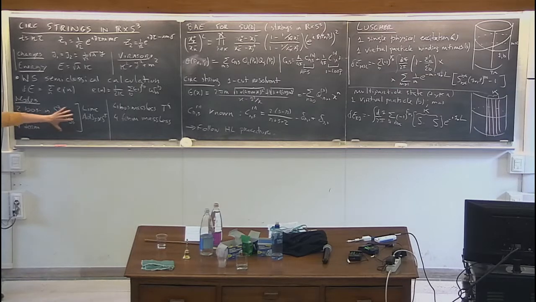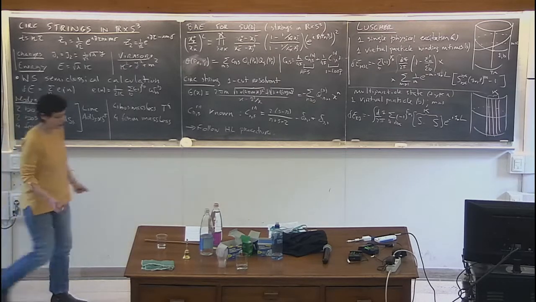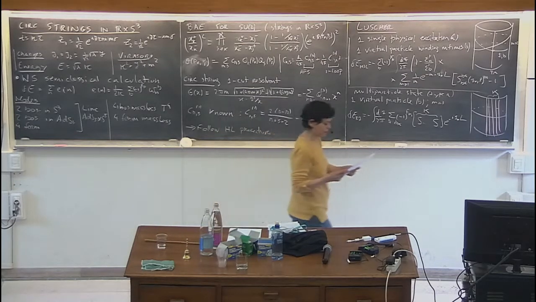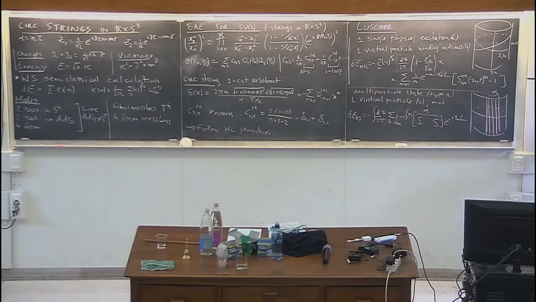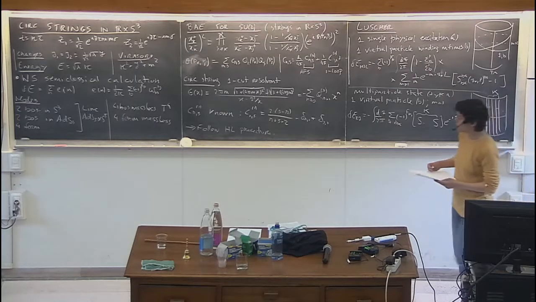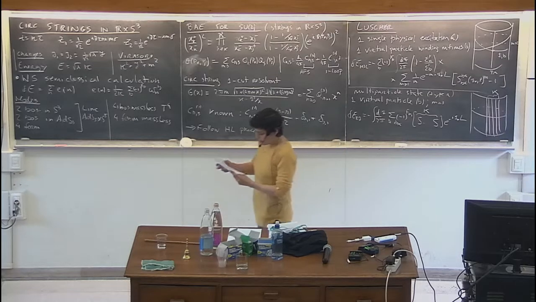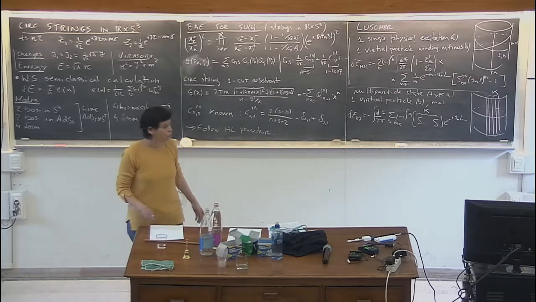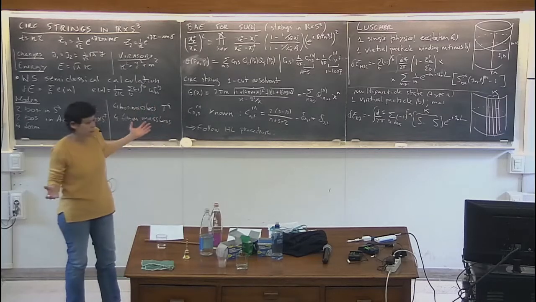Once you do the regularization, you basically obtain exactly what I've written here, which is what I call delta E string. You have it as an expansion in J, in the charge J. And you can hope to compare it now to a Bethe ansatz calculation.